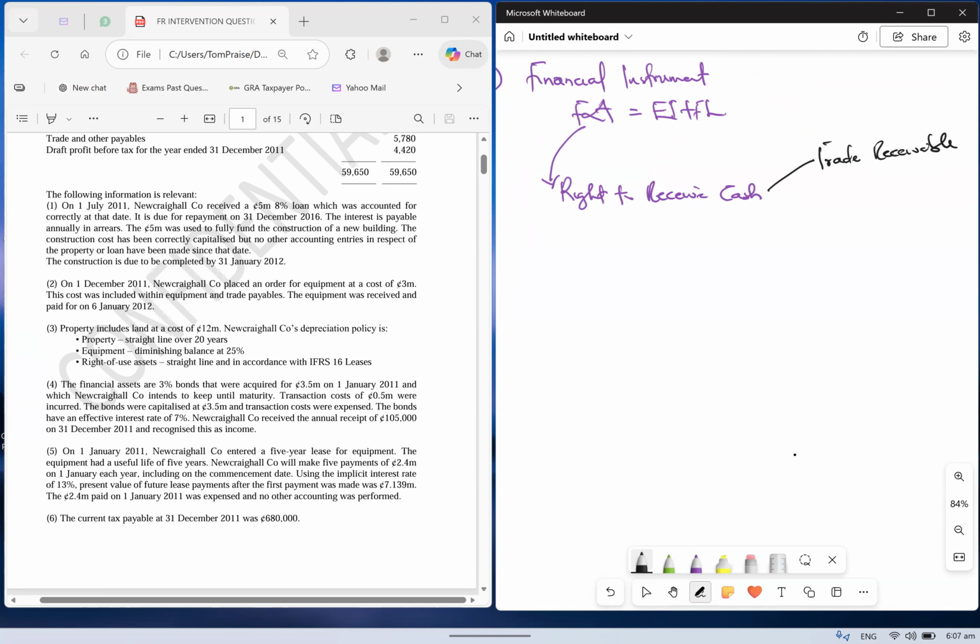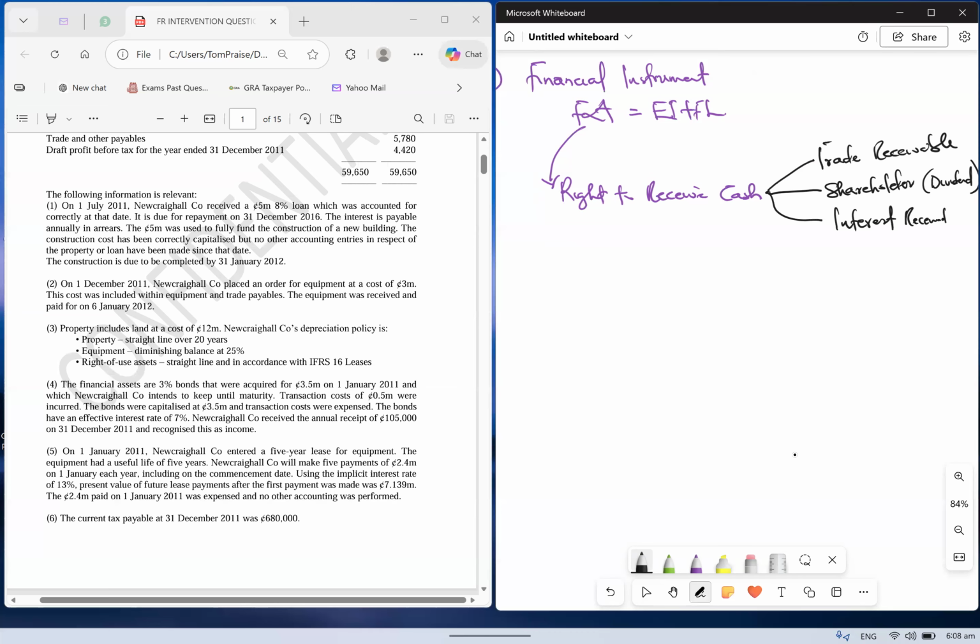You can also be a shareholder. Do you know that one too gives you the right to receive cash? That is dividends. Good. So any situation that gives you the right to receive cash, you can also invest in a bond, and that one will give you interest. Interest you received. So that is that.